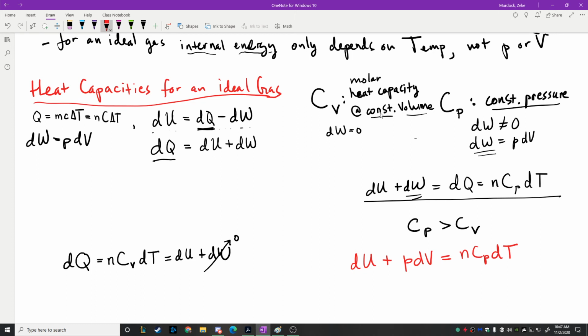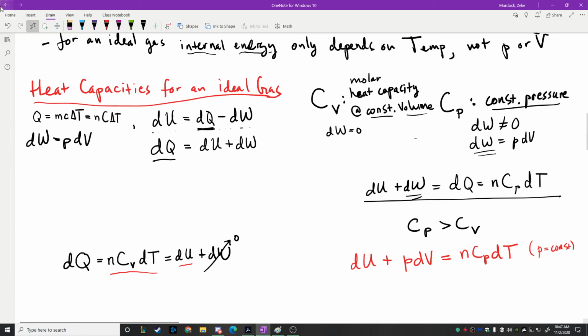All right, so now if we look at these two equations right here, on the left-hand side, if we calculate this quantity here, it's going to be related to the change in internal energy of the gas, right? So even if I'm talking about a process in which the pressure is constant, as related to the Cp right here, the change in internal energy, here, it's still on the screen, right?